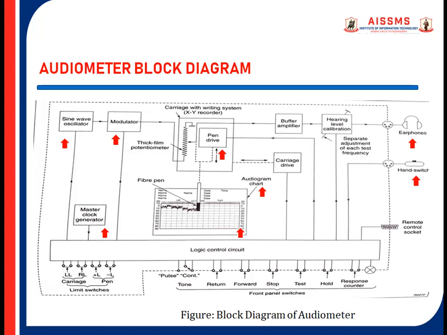When it is pressed, signal intensity decreases and when it is released, signal intensity increases. A pen connected to the attenuator traces a continuous record of the patient's intensity adjustment on an audiogram chart. A variety of ways, each suited to the investigation of a particular problem. These are the switches for the control. In this way, the audiometer works.